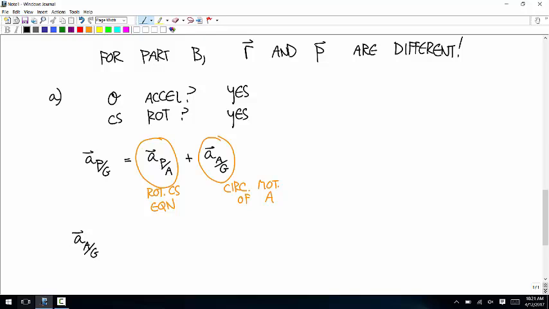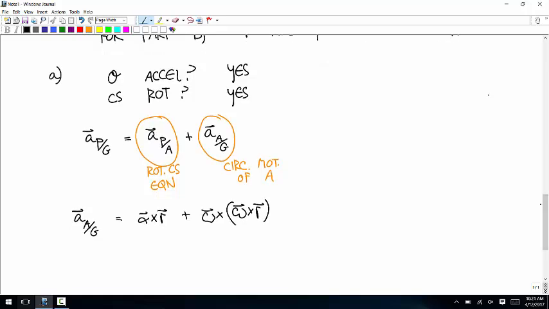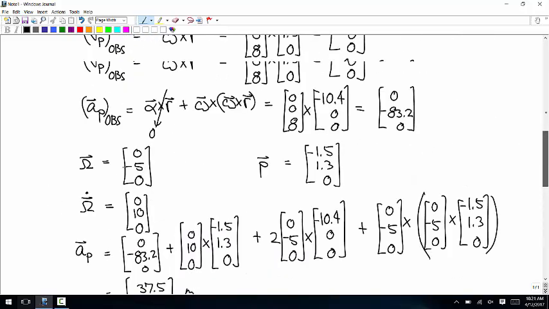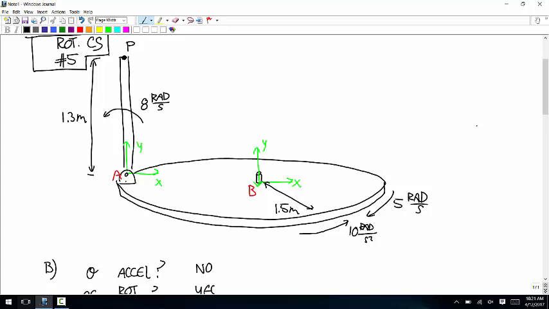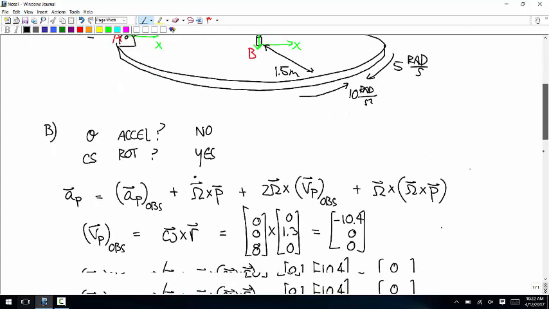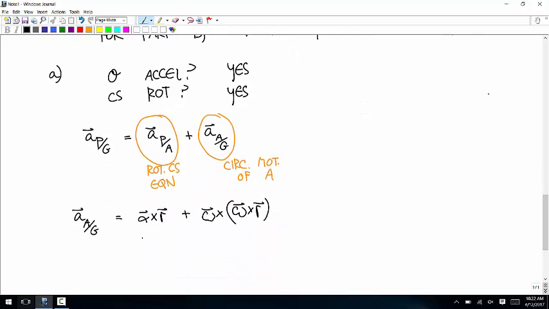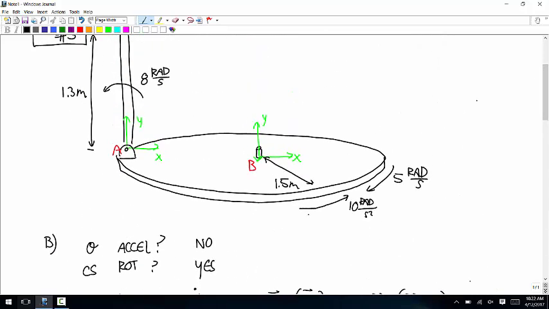That's just circular motion of that point A. So that's alpha cross R plus omega cross quantity omega cross R. Okay, so what we're talking about now is the rotation of this point A. It's in circular motion around B. So our alpha vector is the angular acceleration of the disk.